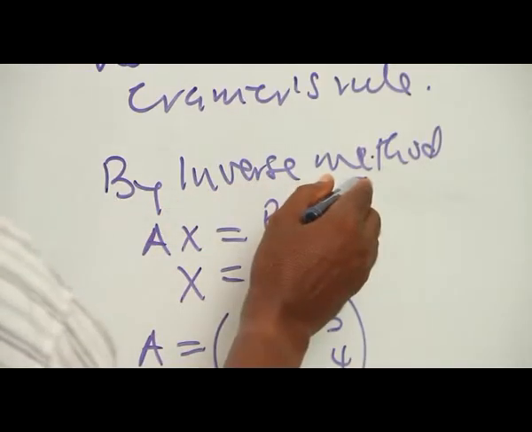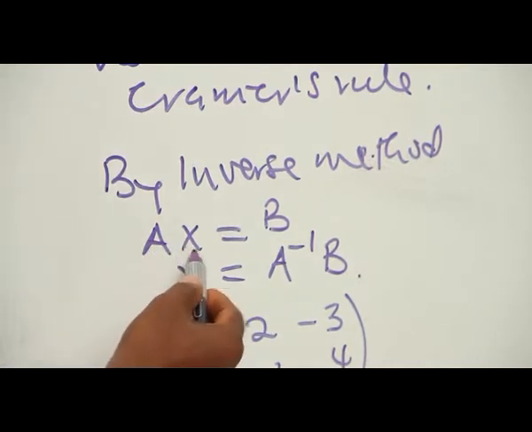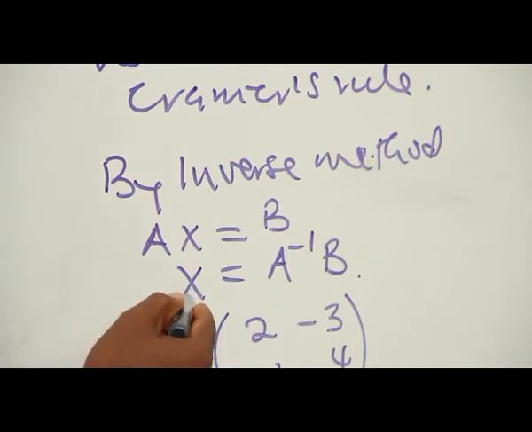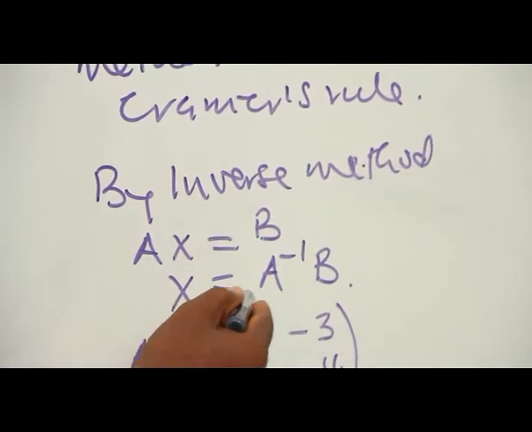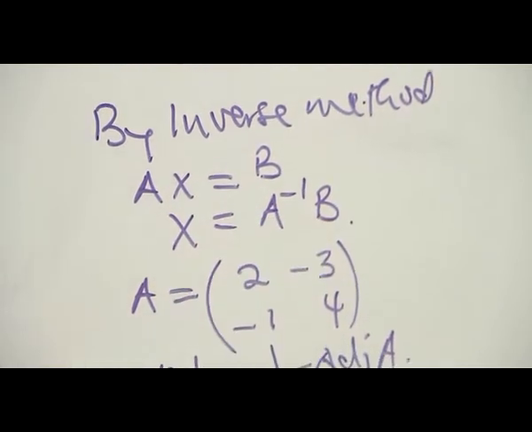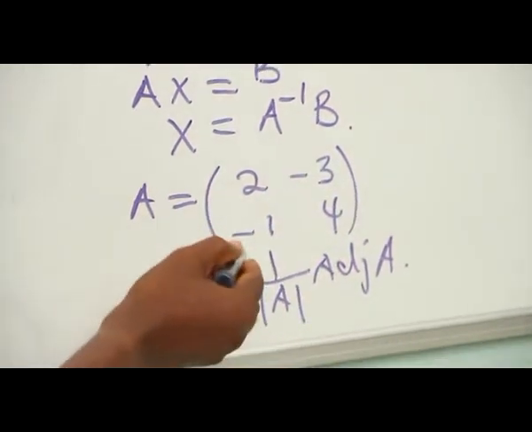By inverse method, we have A times S equal to B, which I wrote earlier. Looking for S means that we find the product of the inverse of A times B. Our A is equal to this matrix here.